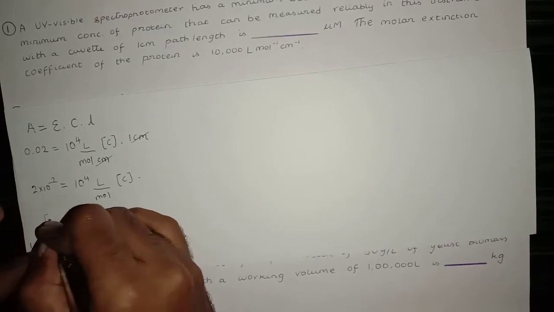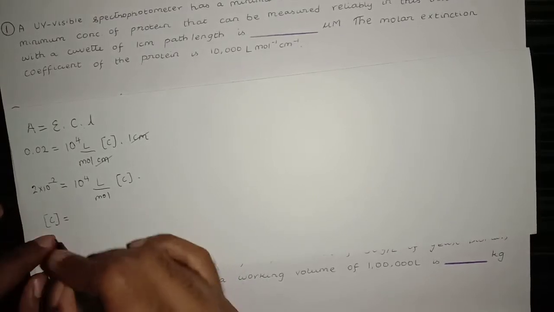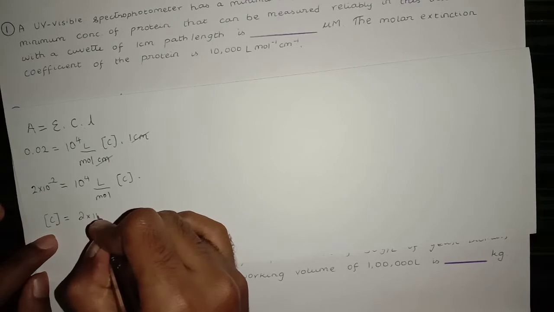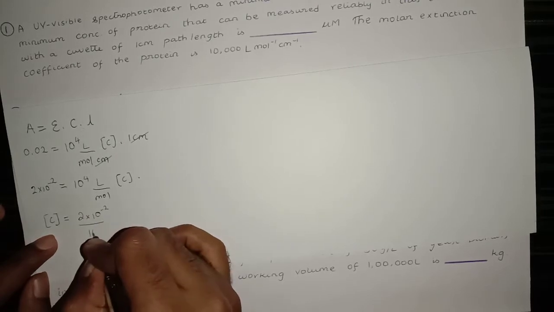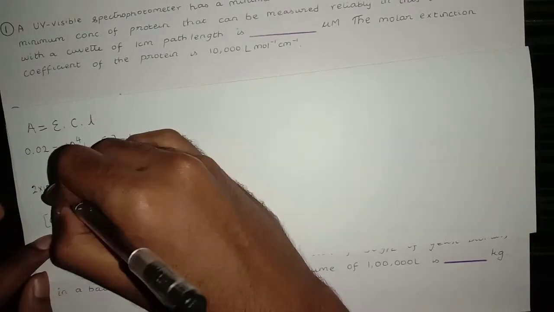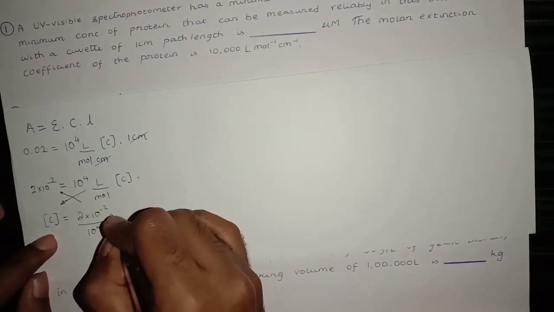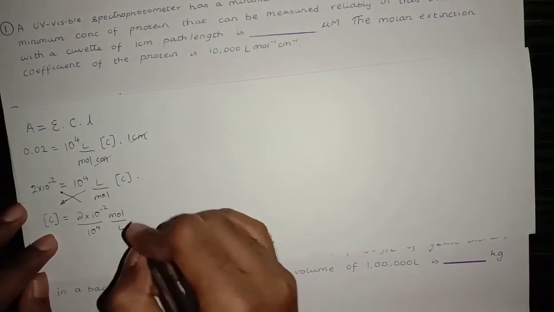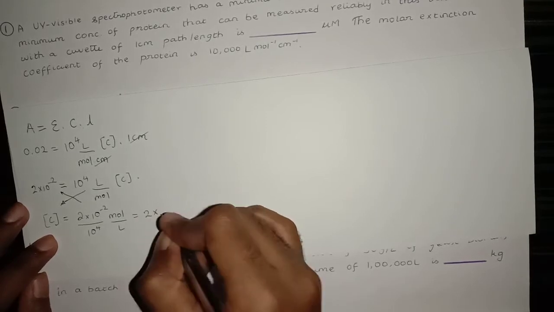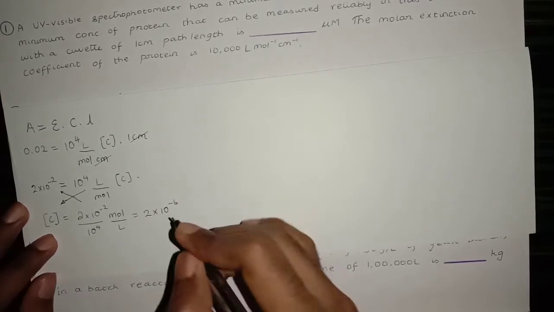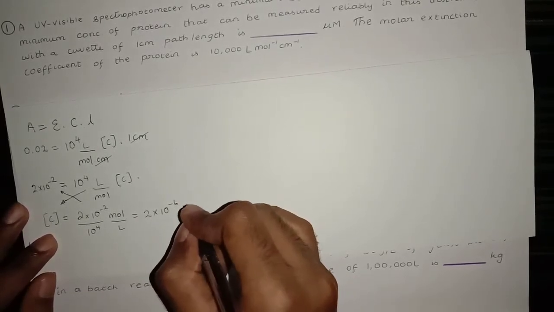So the value of the concentration is 2 into 10 raised to the power negative 2 over 10 to the power 4 mole per liter. So it's 2 into 10 raised to the power negative 6 mole per liter is molarity.